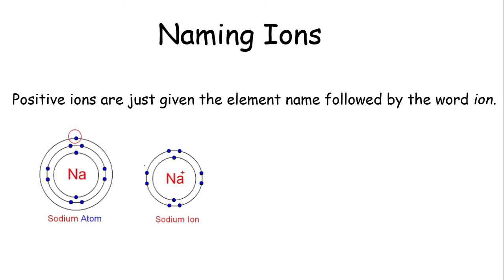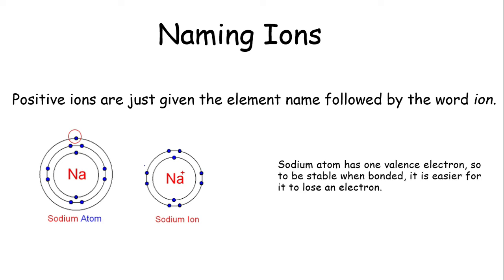Sodium, when it loses an electron, will just be called sodium ion. Sodium atom has 1 valence electron, so to be stable when bonded, it is easier for it to lose that electron than to get 7 more electrons. Because if you get 7 more electrons, you will need more energy. So to conserve energy, the sodium atom will just give its electron.